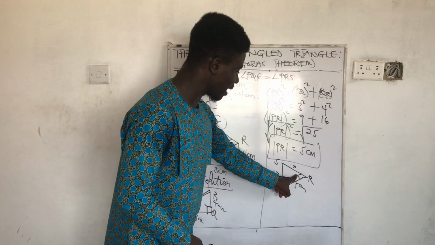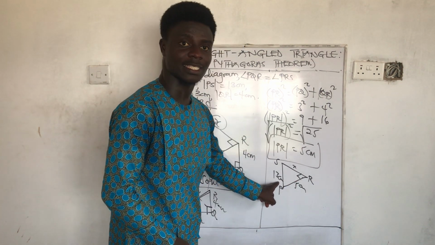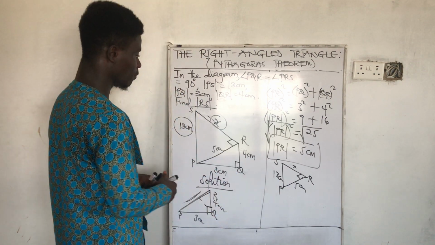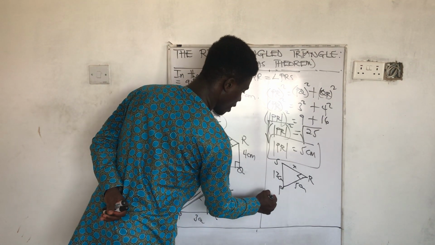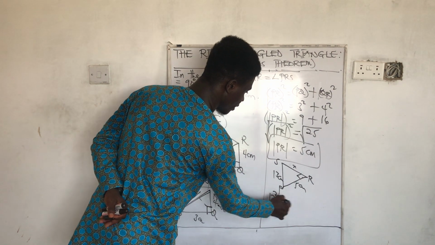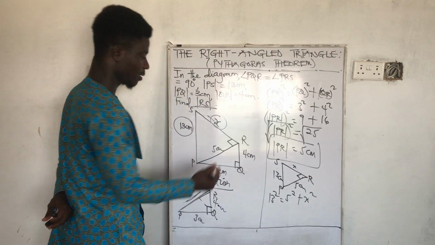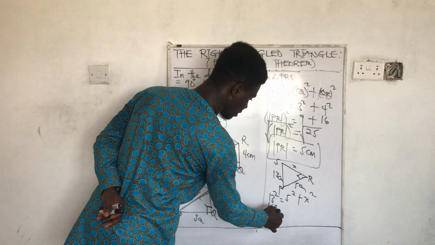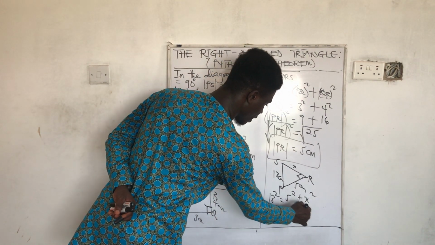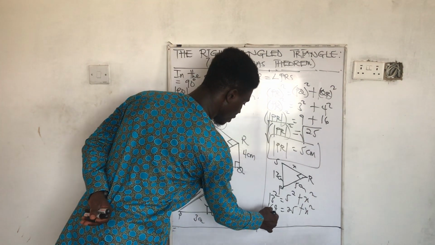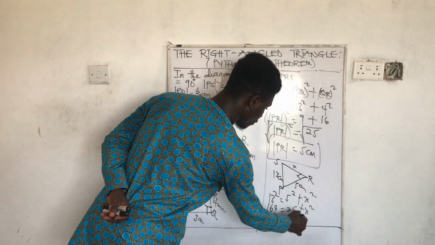Where this 90 degrees faces, that means this 13, or this PS, is our hypotenuse. So 13 squared equals 5 squared plus X squared, right? 13 squared is 169 equals 25 plus X squared. So we group like terms, then we get 169 minus 25 equals X squared.